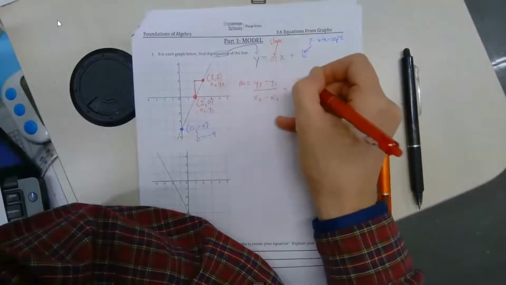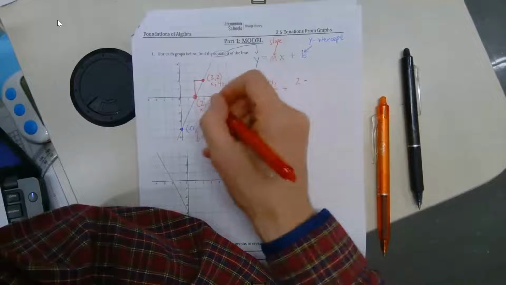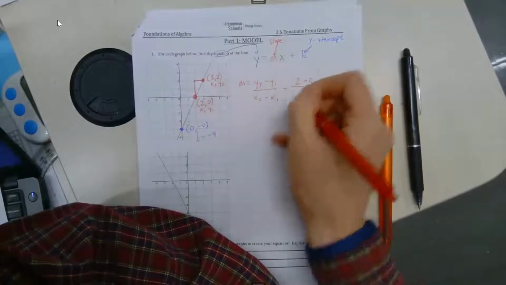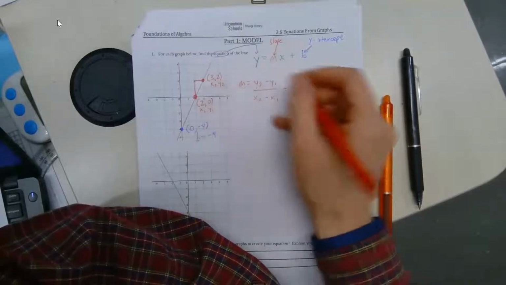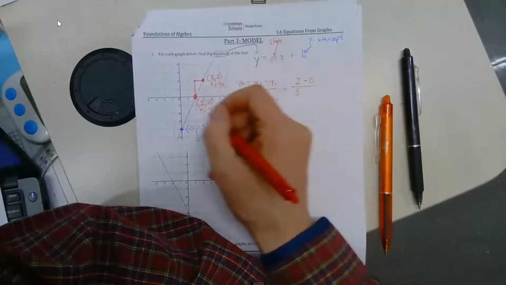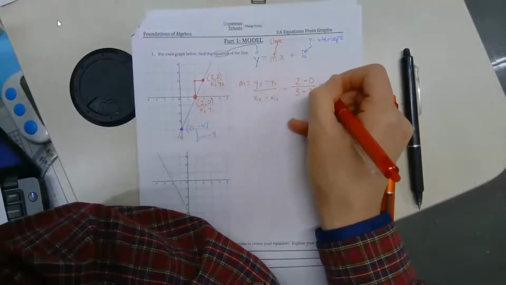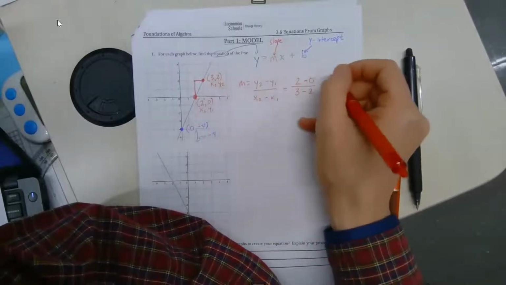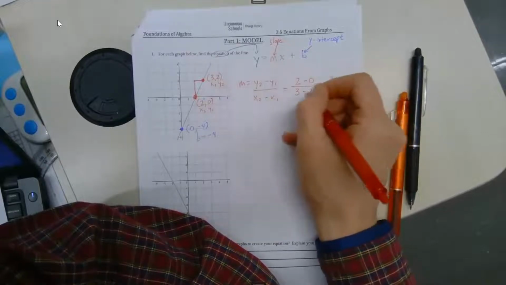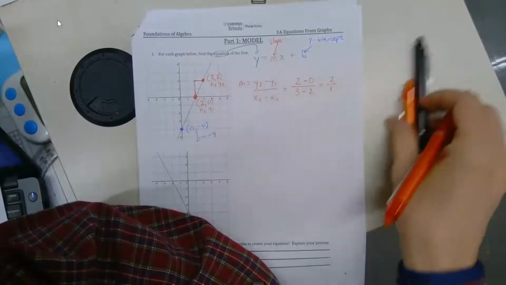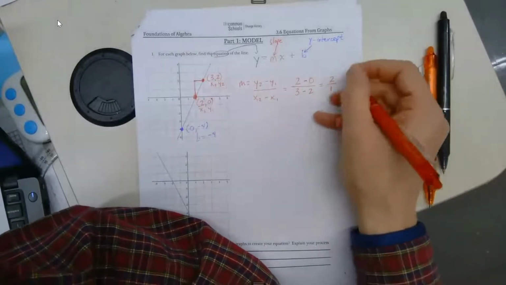y2 is 2 minus y1 is 0. x2 is 3. And x1 is 2. 2 minus 0 is 2. 3 minus 2 is 1. So our slope is 2 over 1.